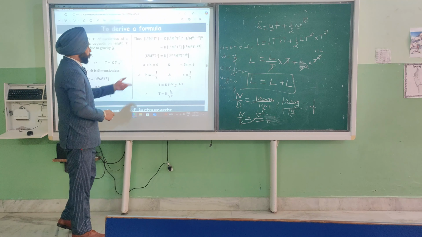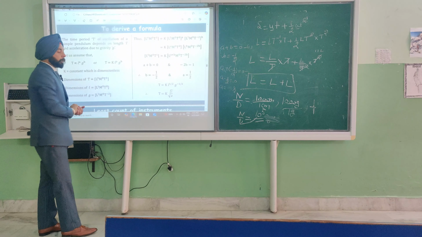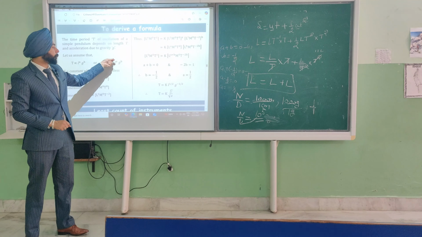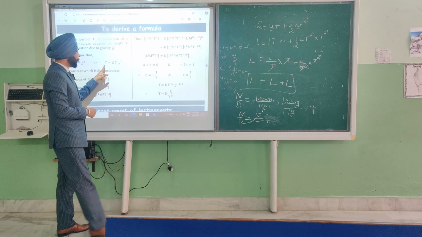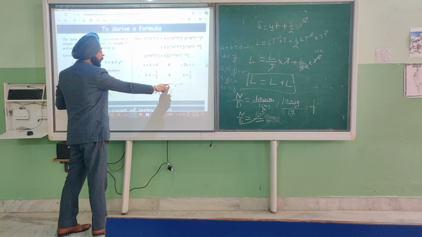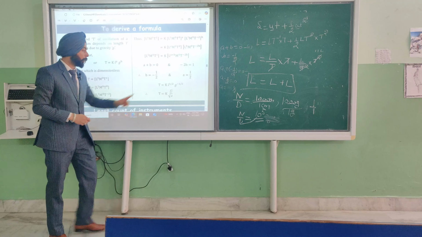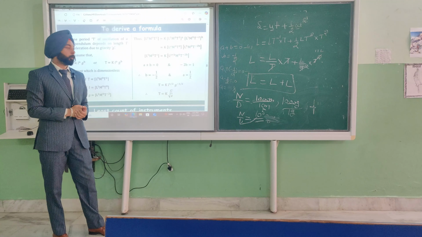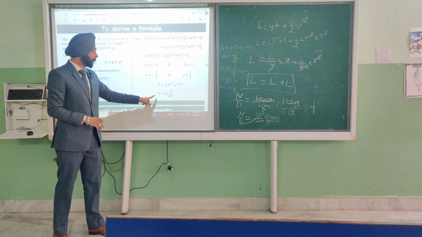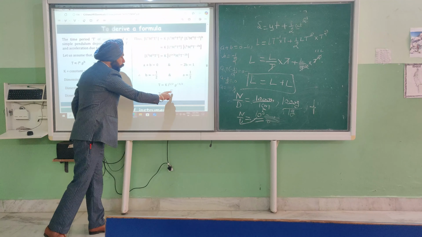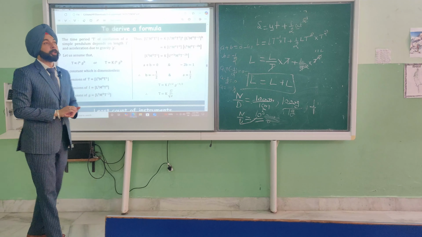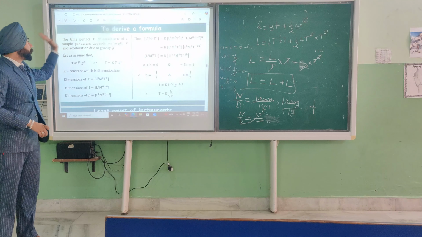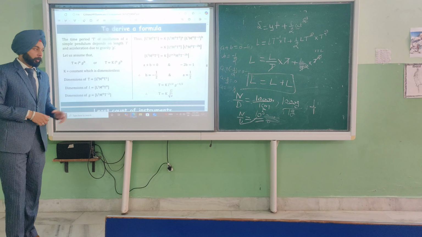Now the values of the powers a and b we have found, so then put the values: t is equal to k l^(1/2) g^(minus 1/2). So according to that, t is equal to k under root l by g. This one is the time period of oscillation of a simple pendulum.